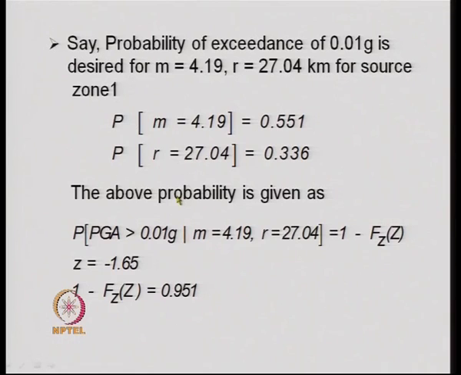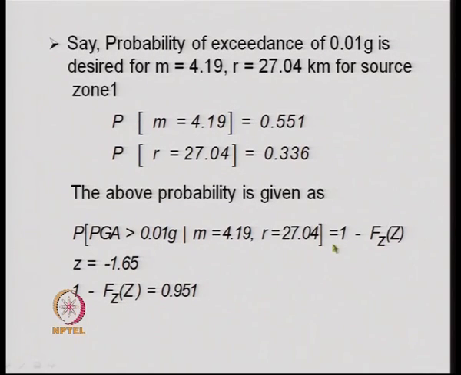Now, once these two probabilities are obtained, then we find out the probability of peak ground acceleration being greater than 0.01 g, conditioned upon magnitude of earthquake equal to 4.19 and epicentral distance equal to 27.04 that we obtained over here.